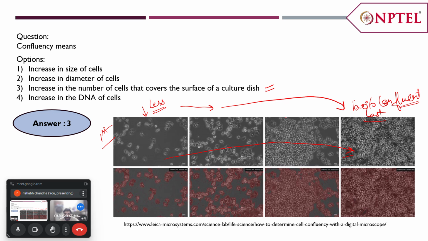Here the cells can be 70% confluent, here it might be 50% confluent or less than that, depending upon the time period that we have left the cells to grow. So confluency basically means the number of cells that cover the surface of the culture dish.